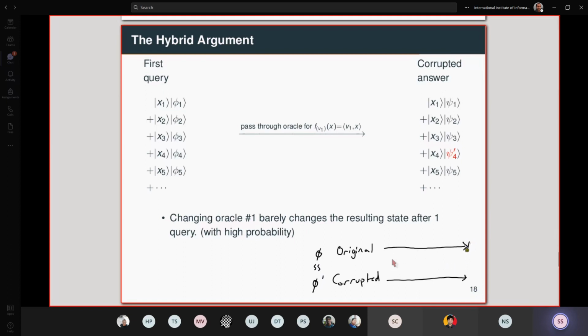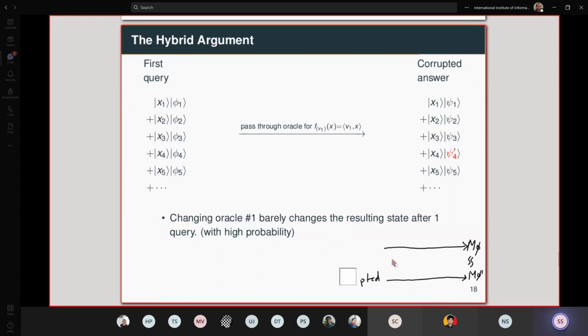At the end of the algorithm, you will have the state M phi, where M is some unitary or product of unitaries, and here you have M phi prime. And unitaries preserve distances. That means that M phi is also close to M phi prime. So the fact that you've only changed a small fraction of the superposition will go all the way through, and our final states are also really close to each other. And so our final output of the algorithm itself has to be close. That is the weakness of quantum algorithms, that they can only do unitary operations. So if you've hardly made any difference at the beginning, it cannot blow up at the end.